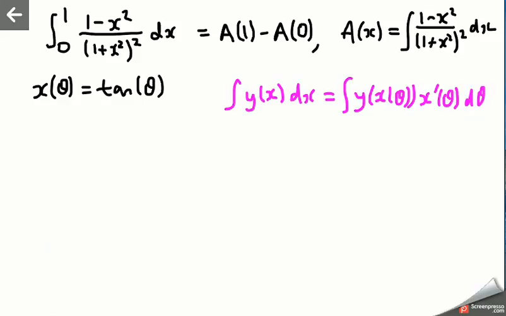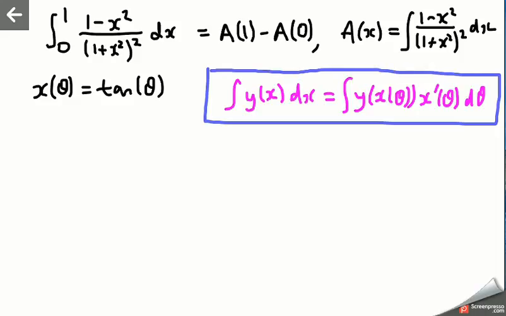It's written a little differently. Don't get too confused about the x's and the thetas. In the last video, I had a u here and a du here. Don't worry about that. These are just labels. I can swap them around however I like. So that's our theorem of integration by substitution. We're going to use that to solve this problem.